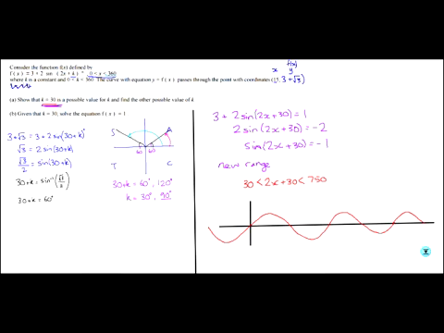Okay, so we know that it has to equal -1. So from my sine graph, I know these bottom points here are -1. We also know that this is 360, so 360, 720, and then if we add on this bit here, that's 810. So we've already gone past the 750, because each of these are 90 degrees.